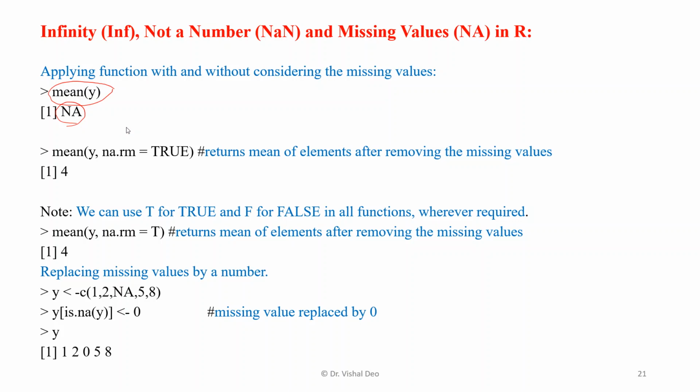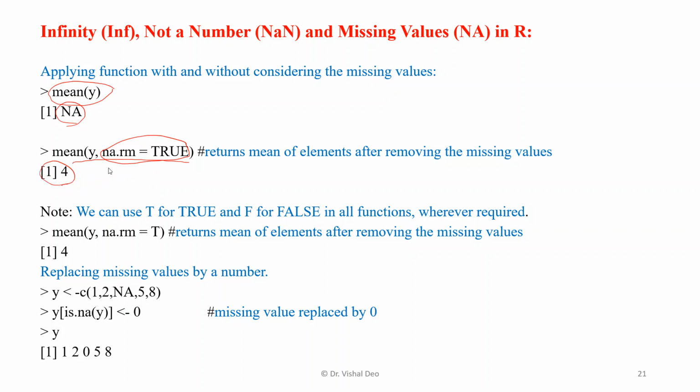Suppose we want the mean of all the elements which are not missing. For that we pass another argument inside the mean function, na.rm equal to TRUE. na.rm can be read as NA removed. It says we want the mean of the values after removing the missing values, and then it will return the answer.